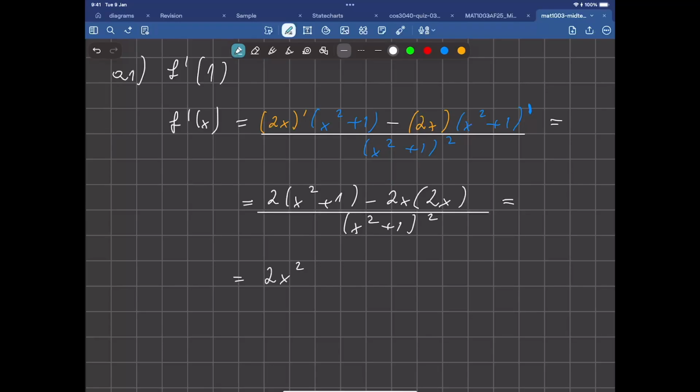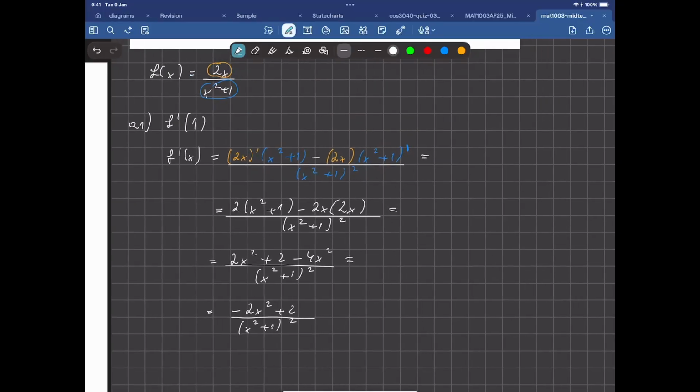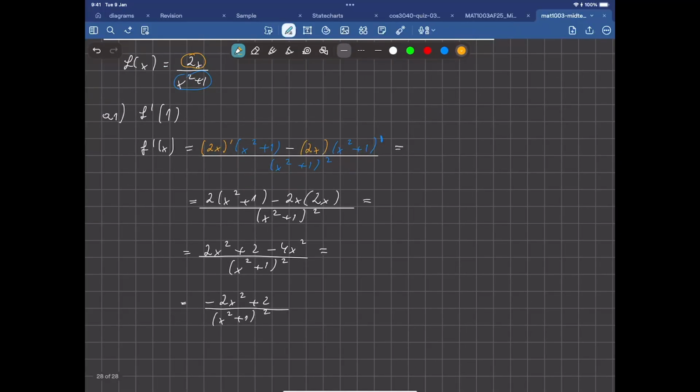So 2x squared plus 2 minus 4x squared over x squared plus 1 squared. If we combine these, that's minus 2x squared plus 2 over x squared plus 1 to the power of 2. All right, very cool. Now that we have the formula, we cannot simplify it any further, so I'm just going to leave it at that.